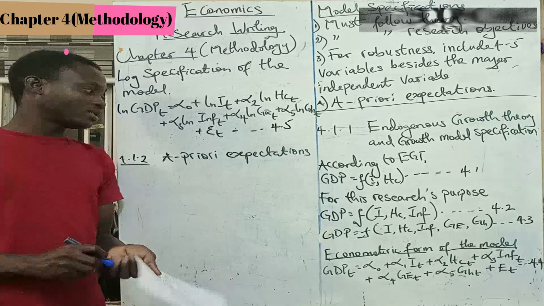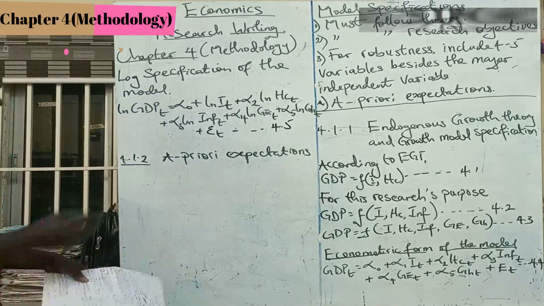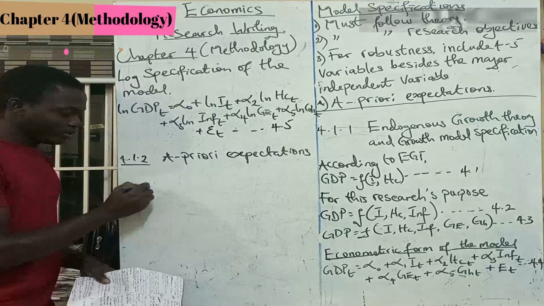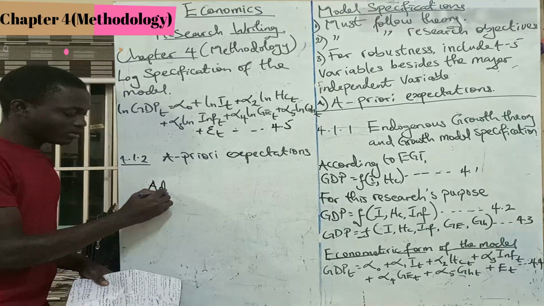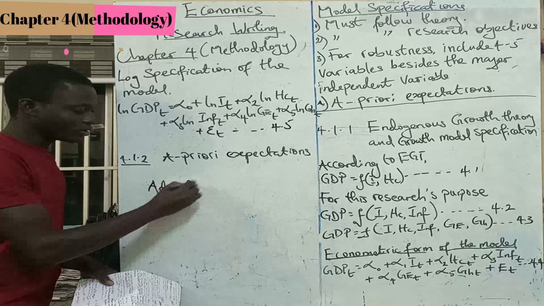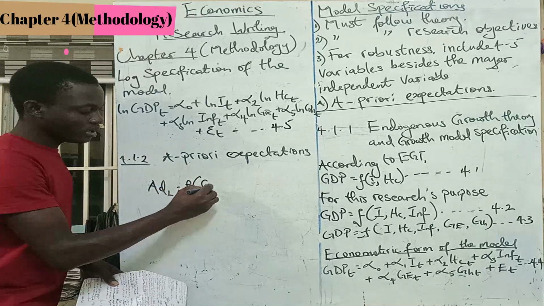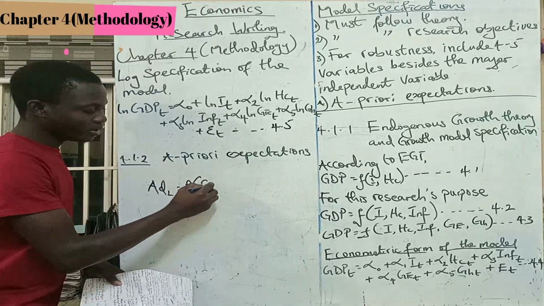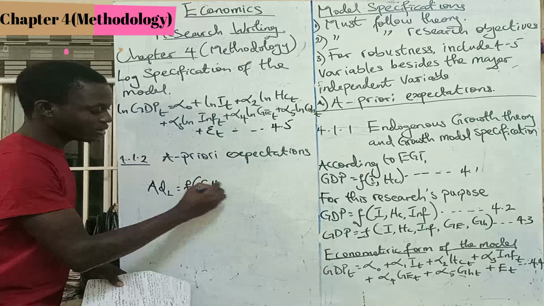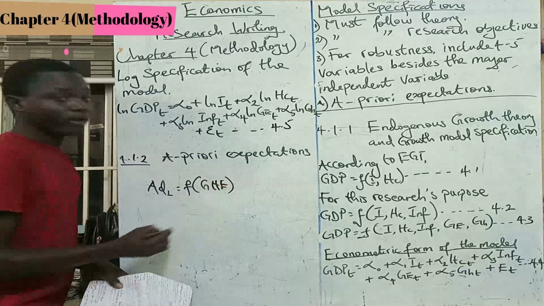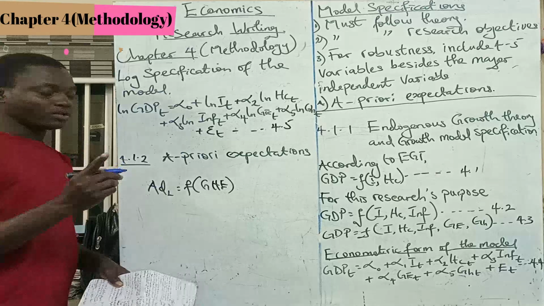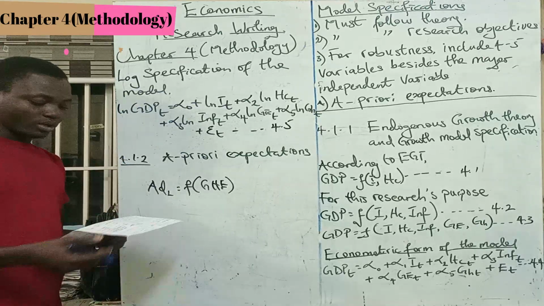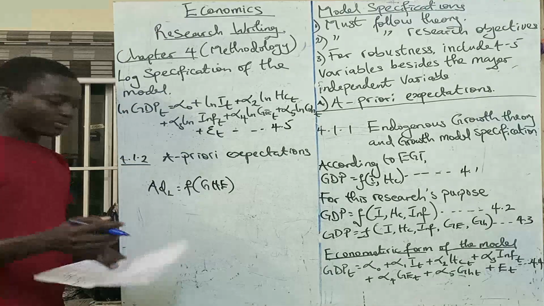Okay, so now it's telling us that the first model for this person is going to be adult literacy as a function of government health expenditure, GHE. That's to answer the first research question. And the second one was talking about life expectancy.